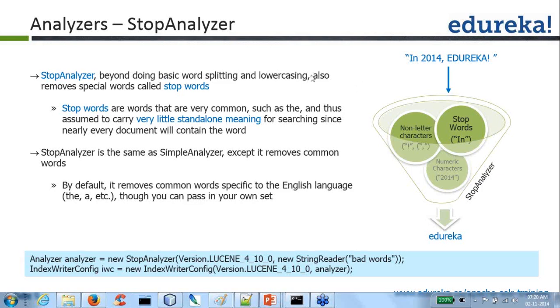So if you wanted to restrict a few words from getting into your index database, you can create a list of bad words or a list of stop words along with the standard stop words. You can create a file or a list of words, and using the stop analyzer you can stop all those words from getting into the index. That is the primary usage of the stop analyzer.